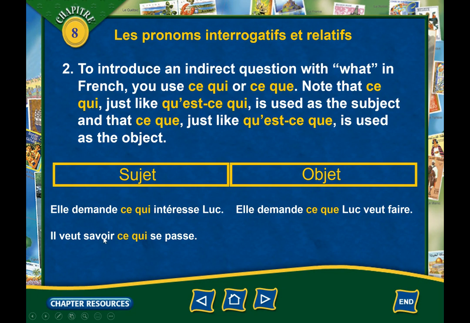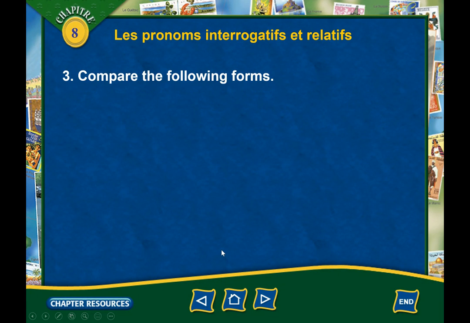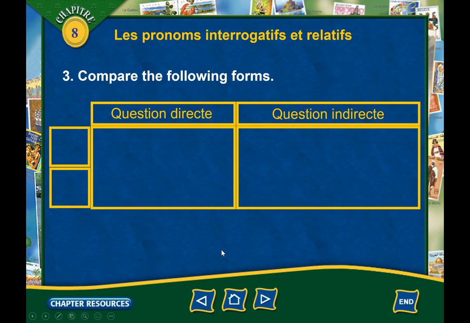Il veut savoir ce qui se passe. He wants to know what is happening. Il veut savoir ce qu'il a. He wants to know what he has. Okay, so ce qui, ce que, in the middle of the sentence.